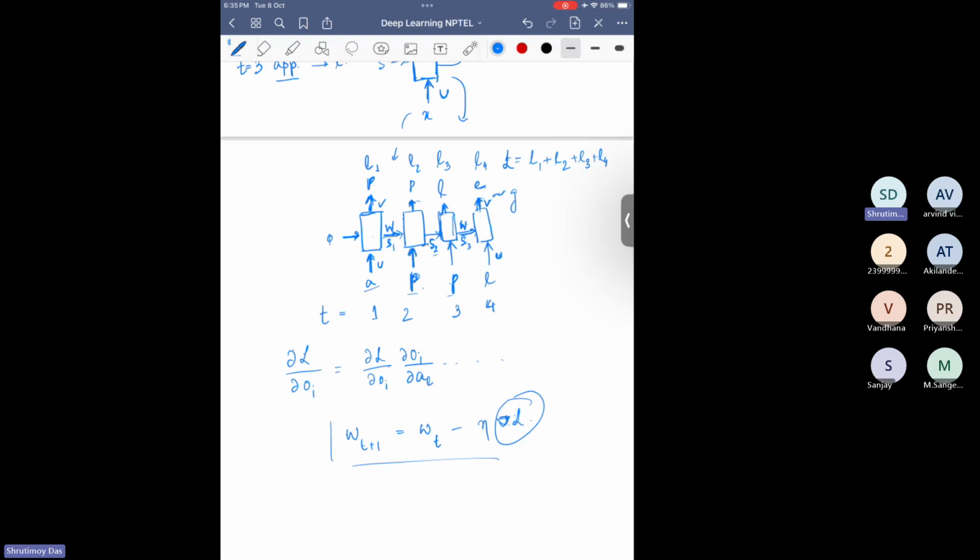Whether you use stochastic gradient descent or gradient descent does not matter, but how you are doing backpropagation matters whenever you are using, say, a recurrent neural network, because you have to do it through time. I hope that is clear.